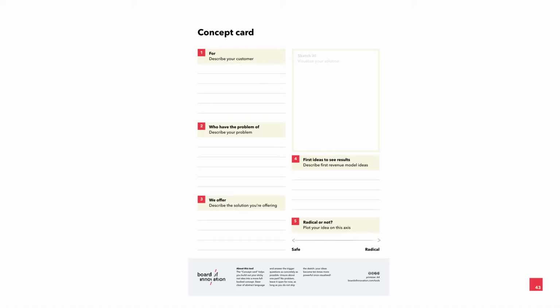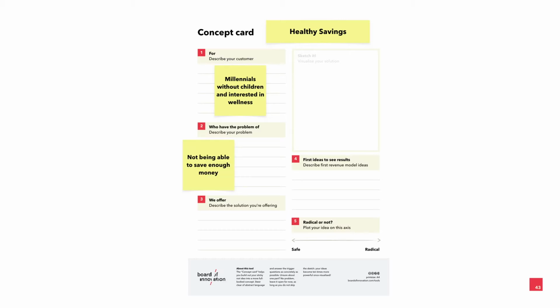Always make sure that you put the title of your concept on top so that it's easy for others to reference to the idea. In this case, I call this concept healthy savings. It is for millennials without children that are interested in wellness, who have the problem of not being able to save enough money and not sticking to their health goals.